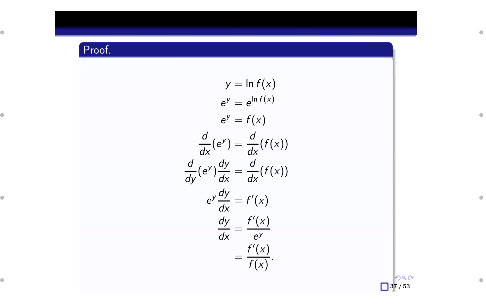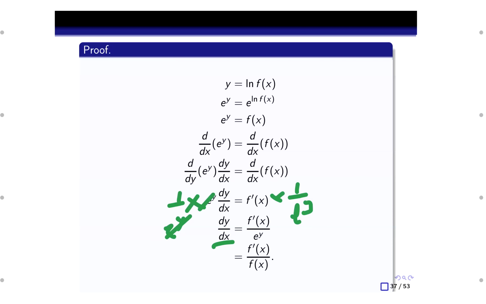And on the right hand side, this is just f prime of x. Since our focus is on dy/dx, we multiply both sides by 1 over e raised to the power y. So e raised to the power y cancels out, and you have f prime of x times 1 over e raised to the power y, which is the same thing as f prime of x divided by e raised to the power y.